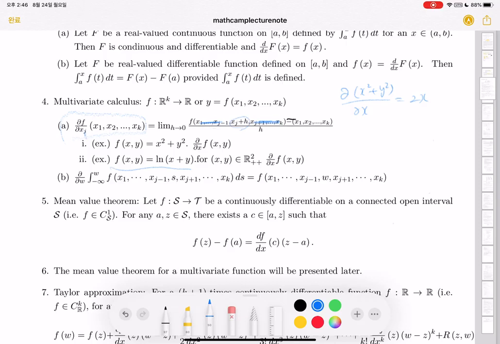If you're familiar with the chain rule, you can see that it's going to be x plus y over 1. So use your undergraduate calculus books to do exercises for multivariate calculus.